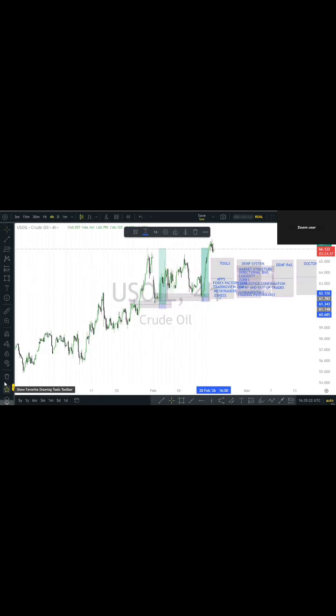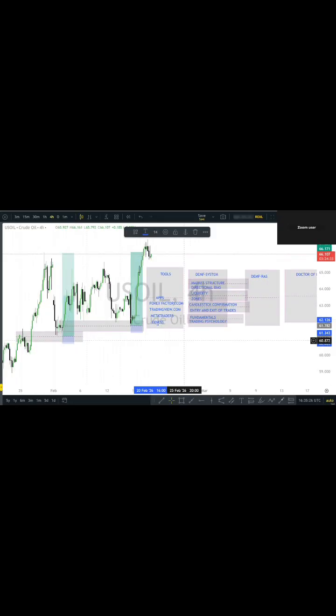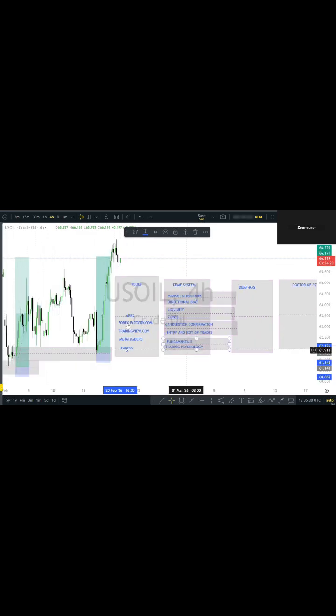Here is Exness. Why I'm using it is that the price feed here is different from the price in your TradingView. When you are using the Exness terminal to analyze your trade, you will be getting the real price charts you have in your MT5.